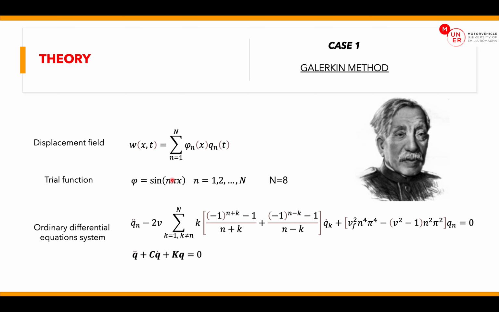We substituted the displacement field into the equation of motion, and then after applying the projection on the trial functions, we obtained n coupled ordinary differential equations, both in the standard and in the compact form, where C is the damping matrix and K is the stiffness matrix.